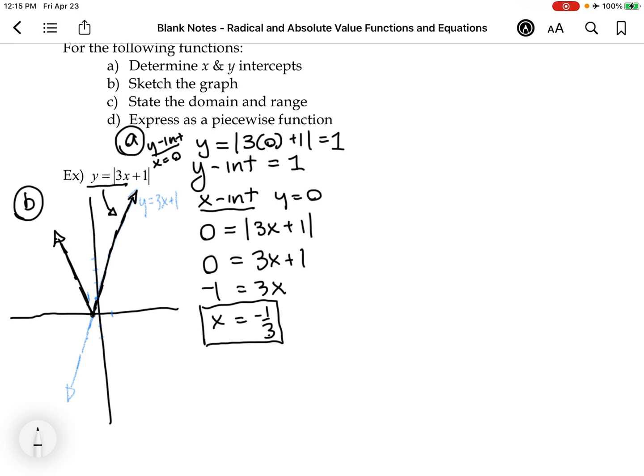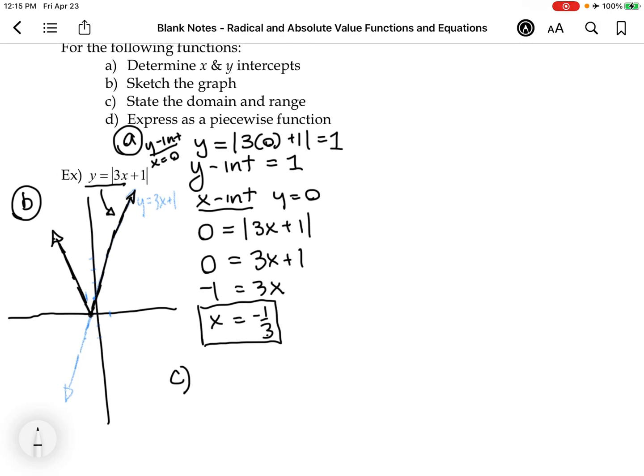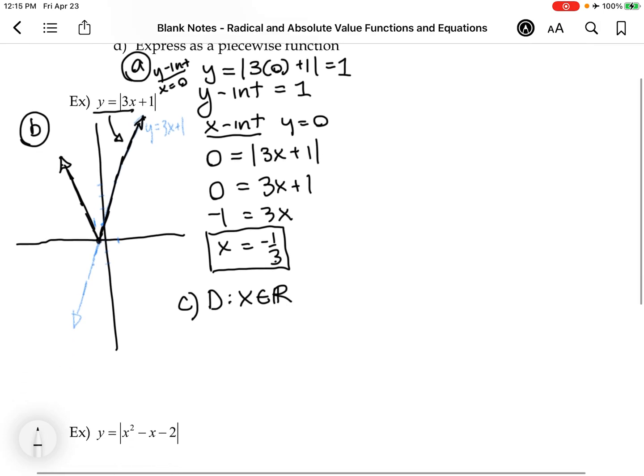Okay, and this is this function. So there's our graph. Okay, now if we look at the domain, this is part C. Domain, well, if you look at your arrows, this arrow over here is in the horizontal direction going right. This arrow over here is going left. So for our domain, x is an element of the real numbers.